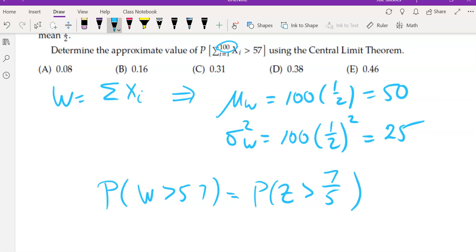Subtract 50, divide by 5. I've got to flip it. And 7/5 is 1.4. At this point, you should be able to finish it off by looking at the table, right?